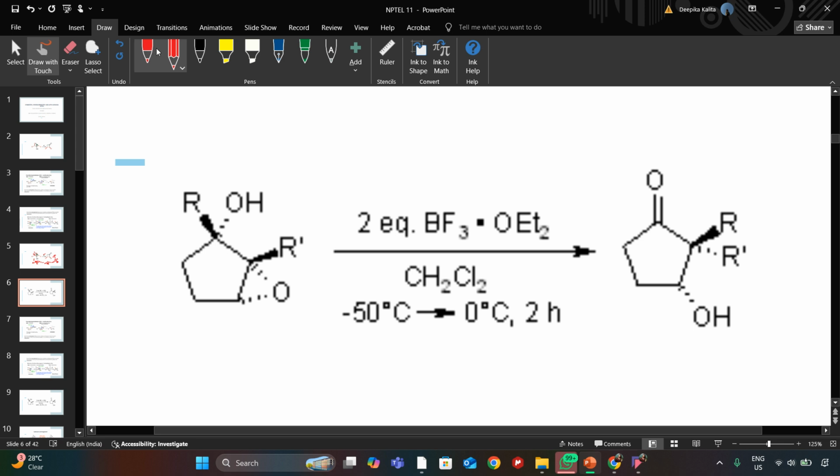So here in this case, in presence of BF3 etherate Lewis acid, which is going to coordinate with the epoxide oxygen, ring opening will take place to give you the first carbocation which forms in the reaction.